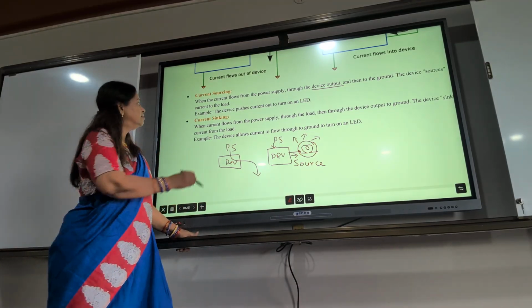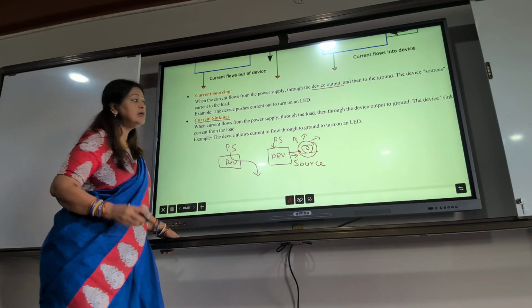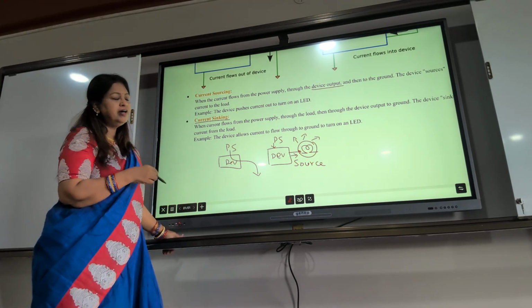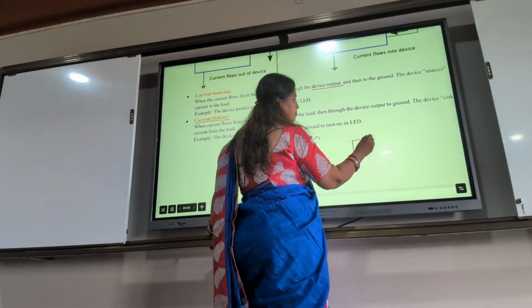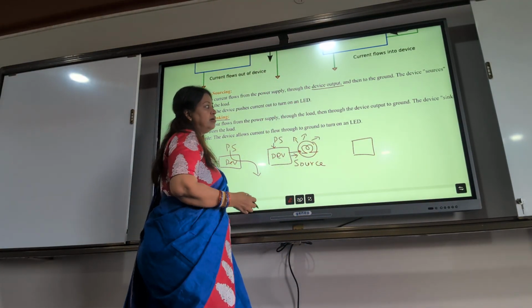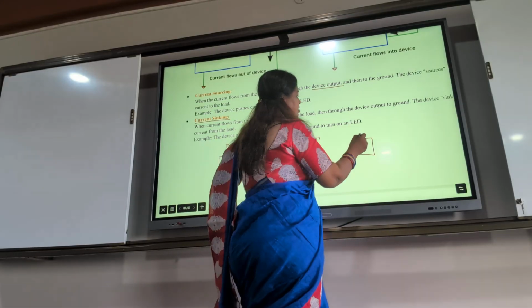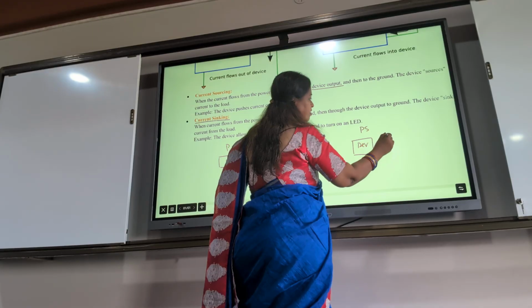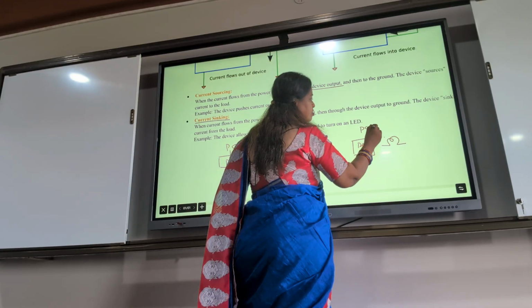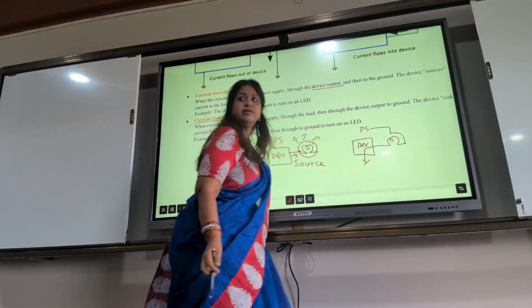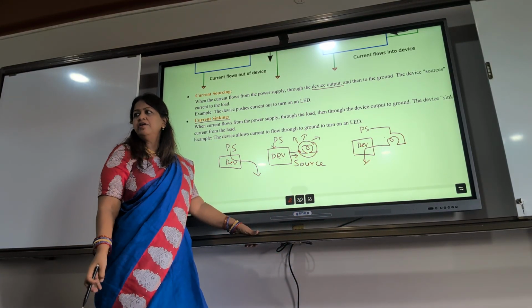Current sinking, when the current flows from the power supply through the load and then onto the device. So the device allows current to flow to the ground to turn on the LED. So you have a device, you have a power supply, you have the load here. The power supply comes through this and then to the device.